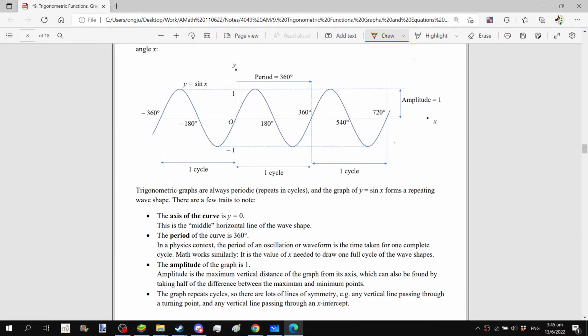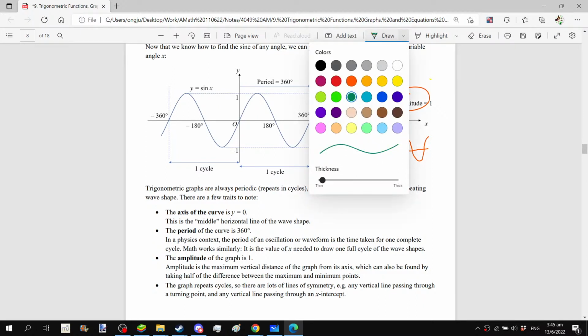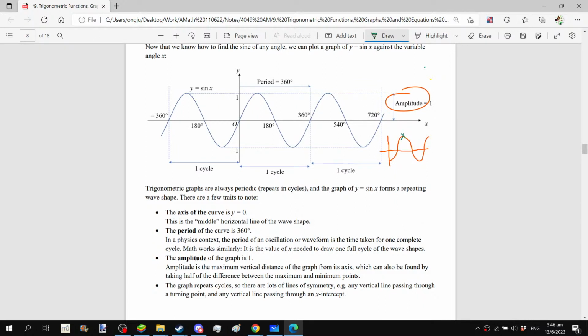So let me zoom out a little. The first thing we need to know, especially for those of you who are not physics students, is that for any wave-shaped graph, there is a certain word that we use called amplitude that describes, informally, because we're not in physics class here, the distance between a maximum or minimum point from the center of the waveform, right?